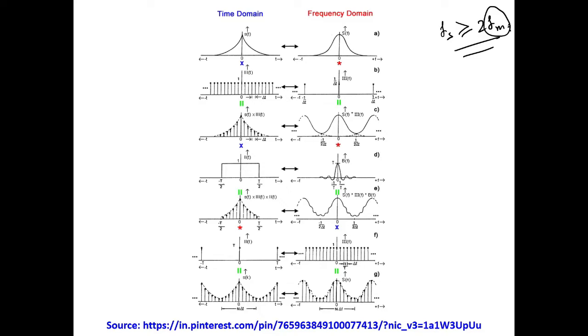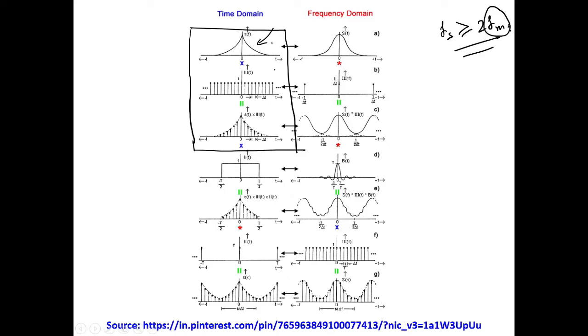Okay. So for time domain sampling, we are doing band limiting in the frequency domain. Okay. Keep this in mind. It will be needed. So if you see this portion initially, we have the time domain signal over here.